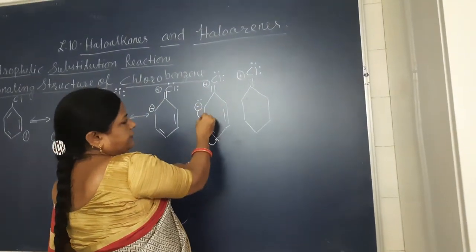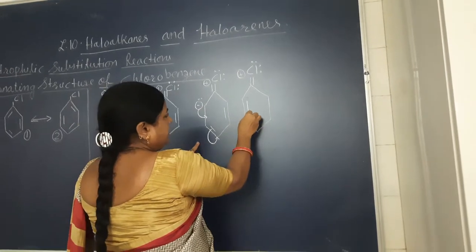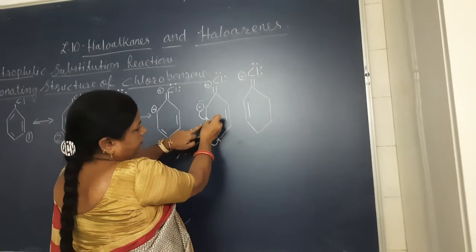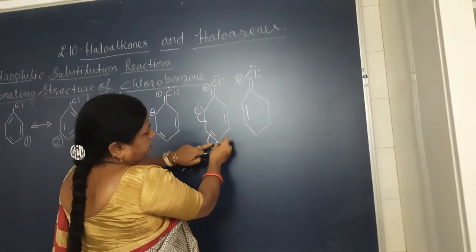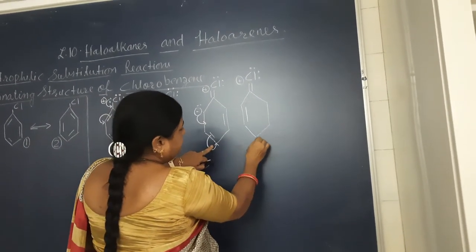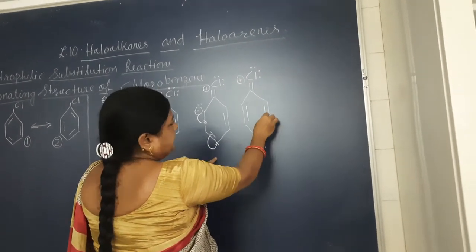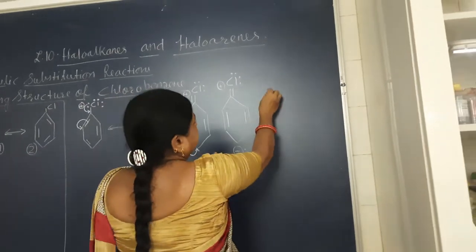Now these electrons have moved here, so a pi bond will be formed here. Correct? Do you see? These electrons have come here, so here a minus charge would be there. Right? And this will be as such.